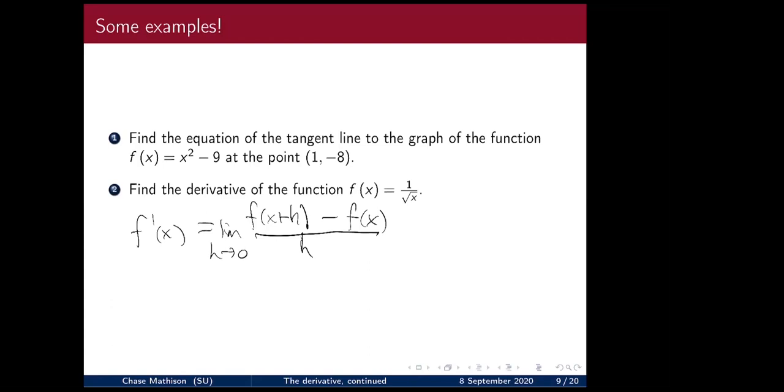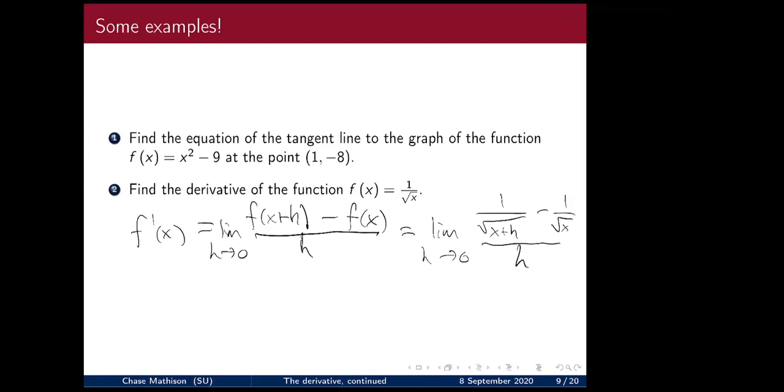All right, well, this is just equal to the limit as h approaches 0 of 1 over the square root of x plus h. There's f of x plus h. Minus 1 over the square root of x. All divided by h, right?